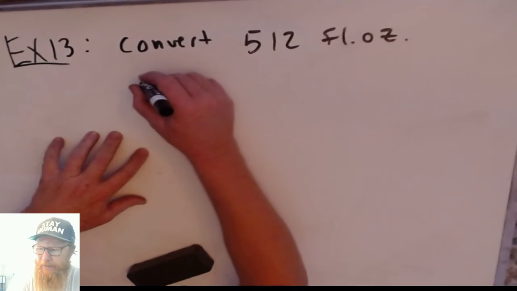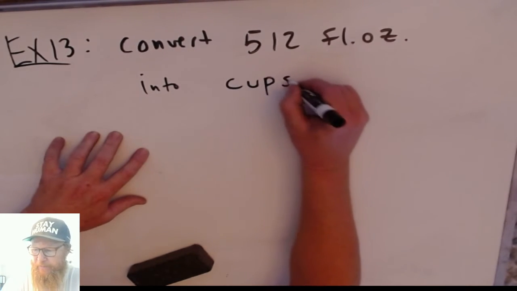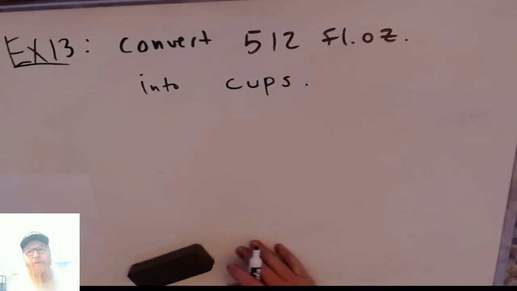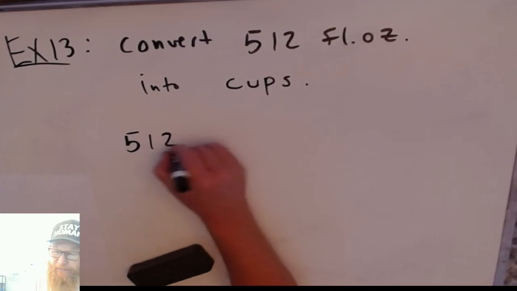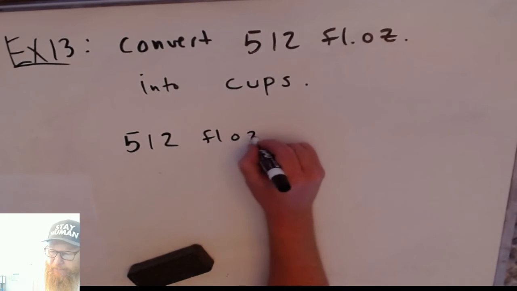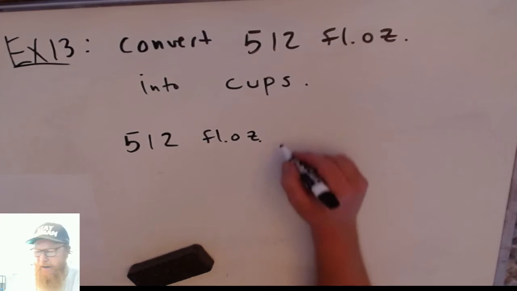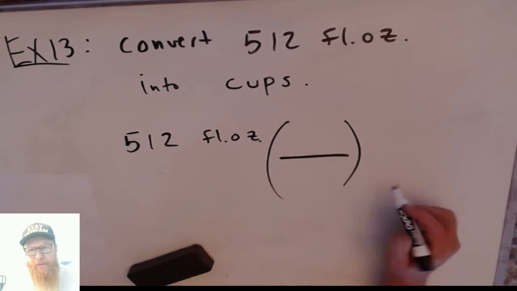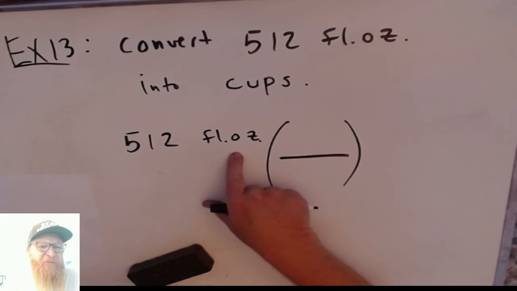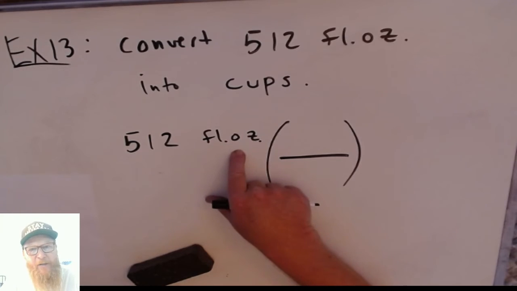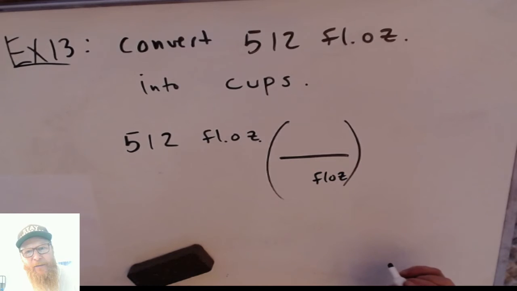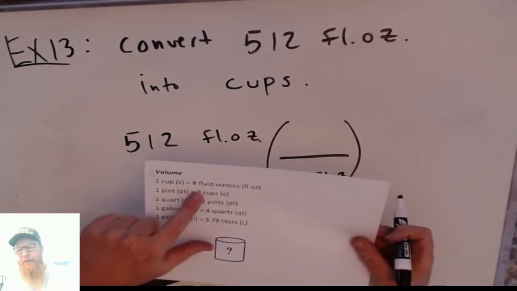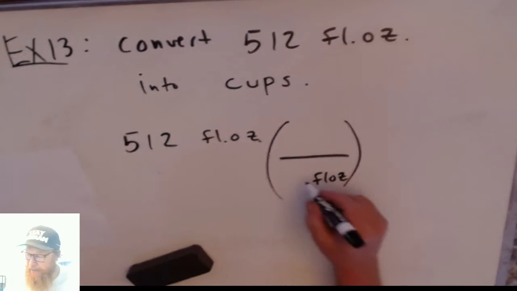Into cups. 512 fluid ounces into cups. So 512. You know you want to get rid of, we call these flaws, F-L-O-Z, flaws. So you know you want to get rid of your flaws, fluid ounces. So I've got 8 fluid ounces is 1 cup.